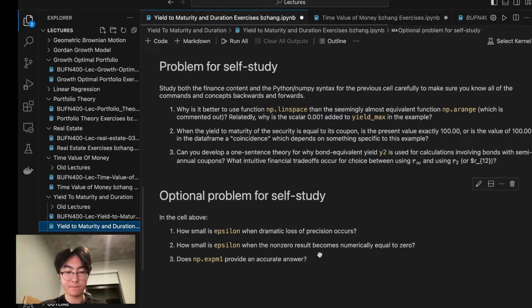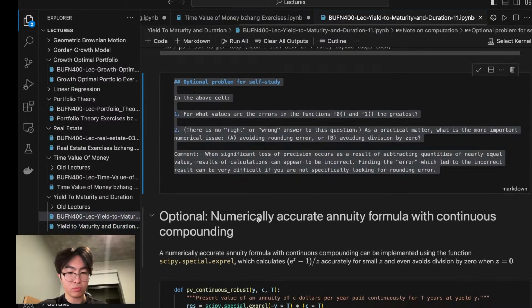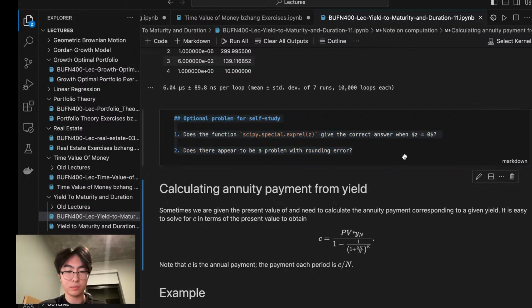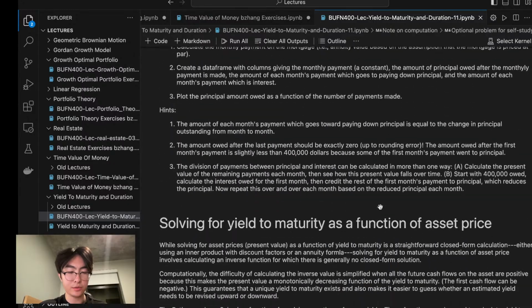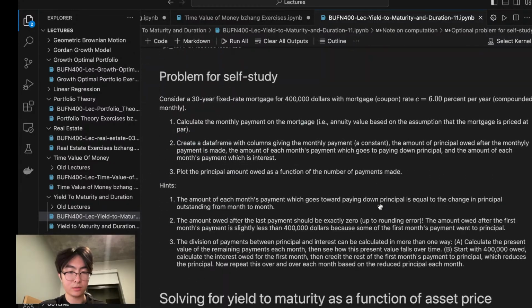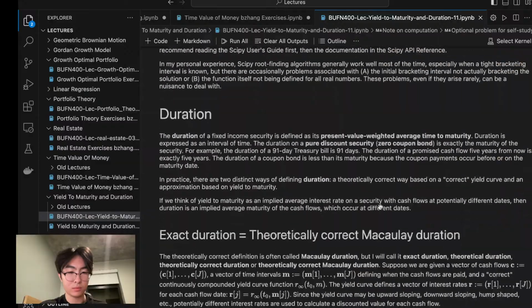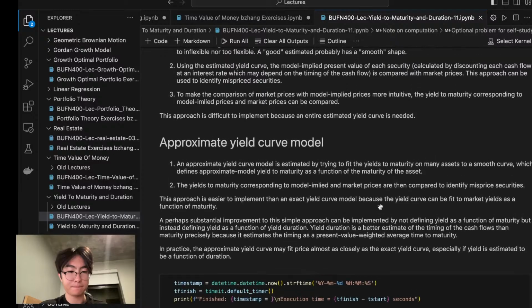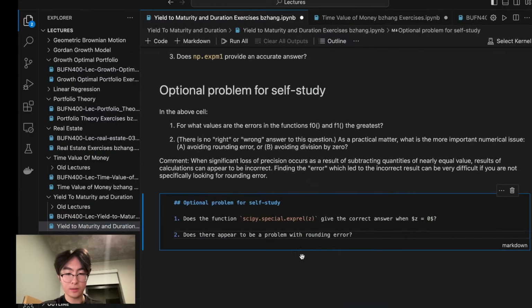Okay. You ready? Alright. Optional annuity. Example problem for self-study. Okay.